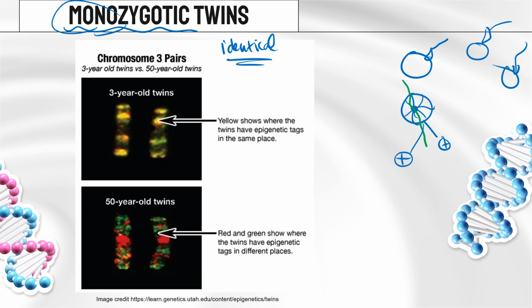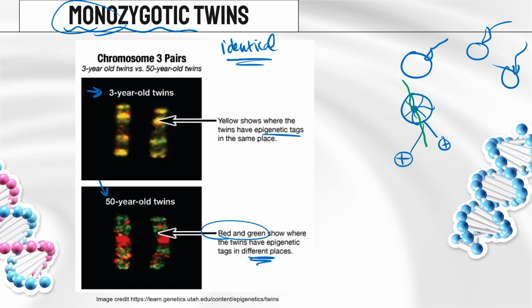What's pretty cool is that when we look at the methylation patterns of very young identical twins, monozygotic twins, we see some pretty similar epigenetic tags. So here we have methyl patterns, methylation, in pretty much the same spots between these chromosomes from different twins. But when I look at the chromosomes of older twins, twins who have lived separate lives, different environments, different experiences, we see different epigenetic tags, methyl groups in different places on those older twins.